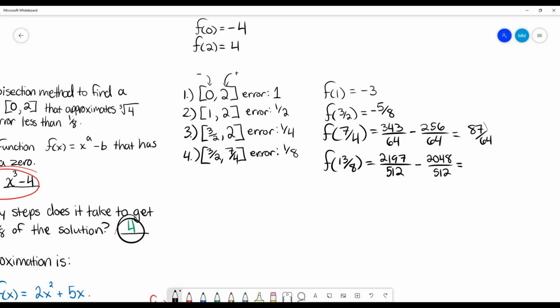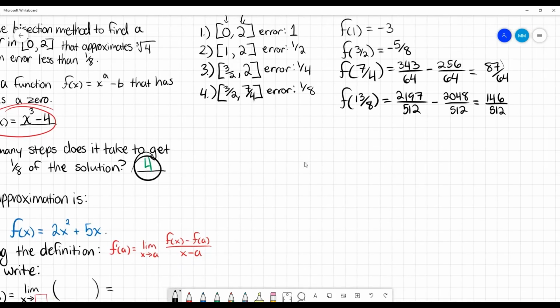And that is going to be a positive 146 divided by 512. And we see that this is obviously going to be pretty close to 0, right? Because we've got a very large number in our denominator and a relatively much smaller number in our numerator. So it's going to be pretty close to 0.